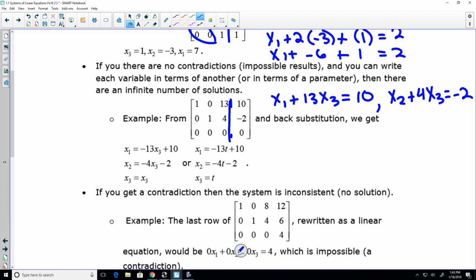So I've got two equations, but I have three variables.